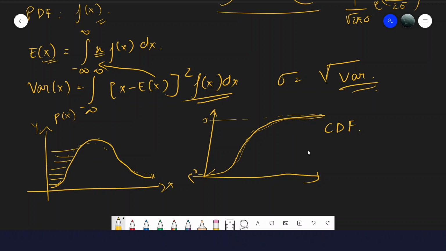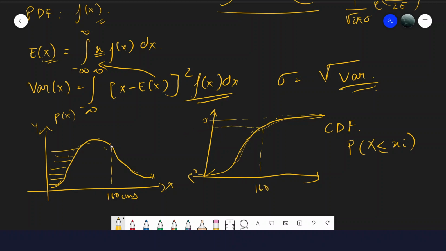What the CDF helps you do is find the probability of observing a value less than or equal to some particular value. Let's say this is 160 centimeters, if we take heights, and 160 centimeters falls somewhere over here.